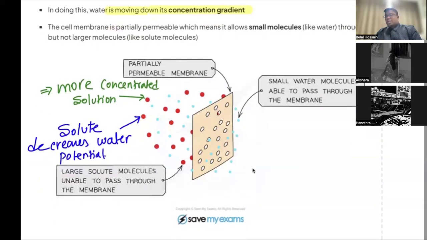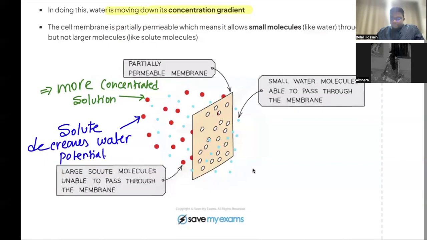But technically, water cannot have concentration. That part I explained yesterday, so I'm not going to go through that again. So here, on this side, we only have water. That means since there is a presence of a lot of water, this will be high water concentration.